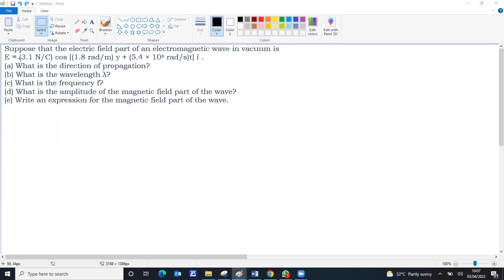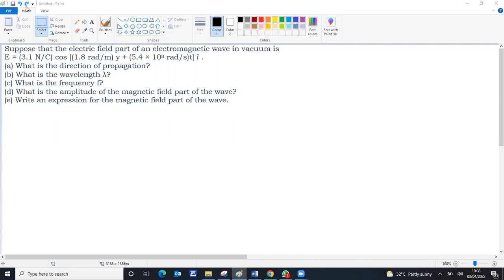So before attempting the question, we need to understand a few properties related to electromagnetic waves, the equation, and how we are going to find all these factors.